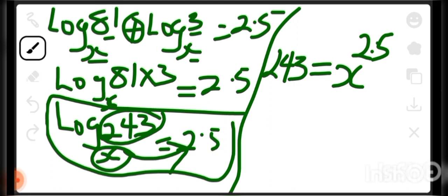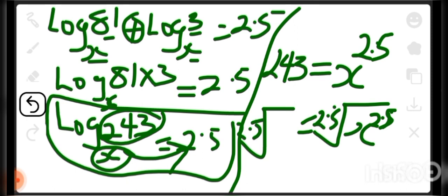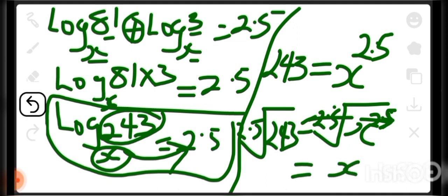If you want to be very fast and you have a very good calculator, just take the 2.5 root of this side, also take the 2.5 root of this 243. This will cancel this.